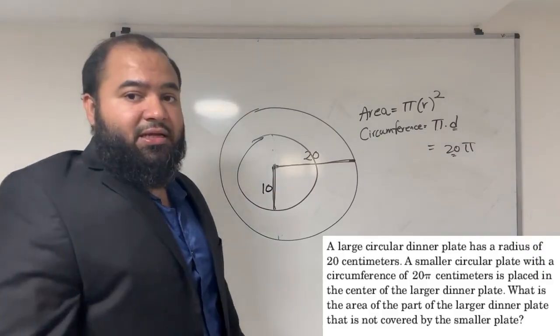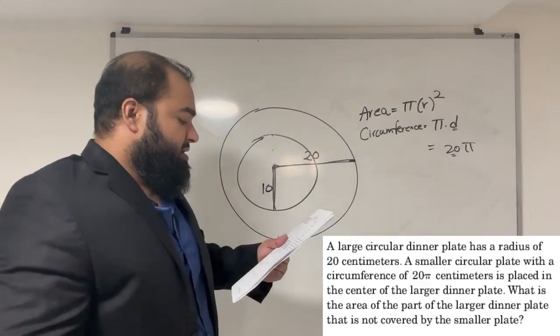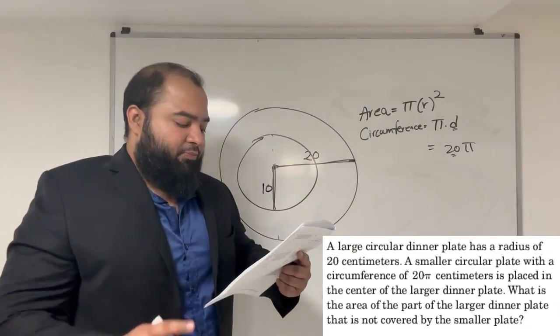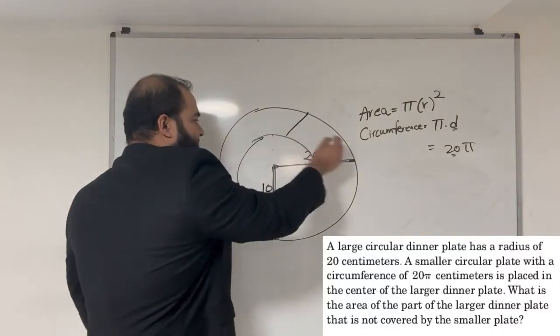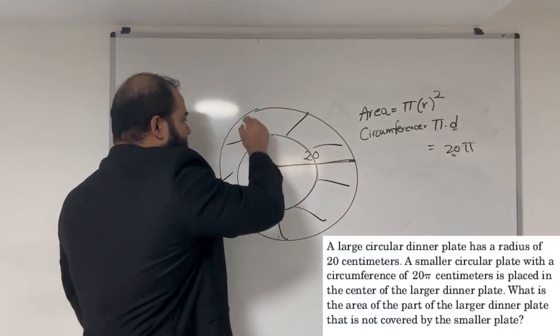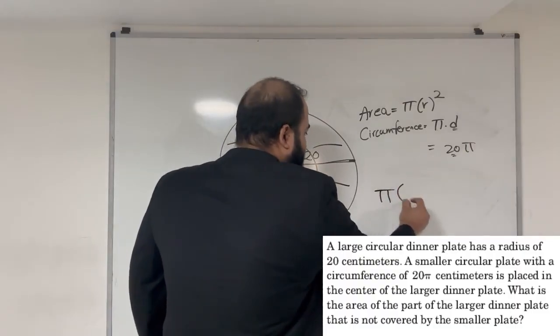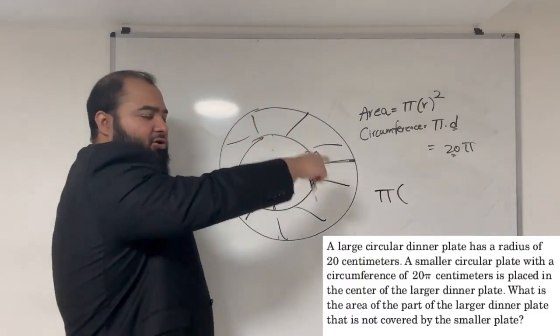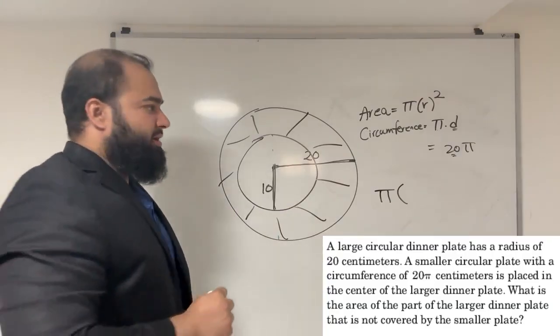Now they said this plate is covering part of the big circle. They ask, what is the area of the part of the larger dinner plate that is not covered? Means they want to know what is this area, this side. So what we're going to do is use pi r squared for the area. Let's find the area of the big circle, and then we're going to minus the area of the small circle. That will give me the answer.